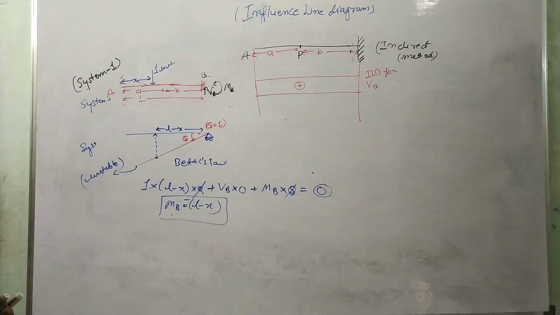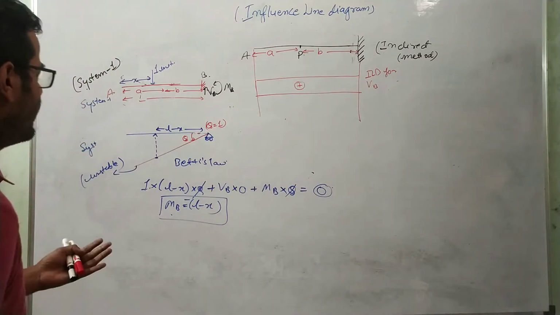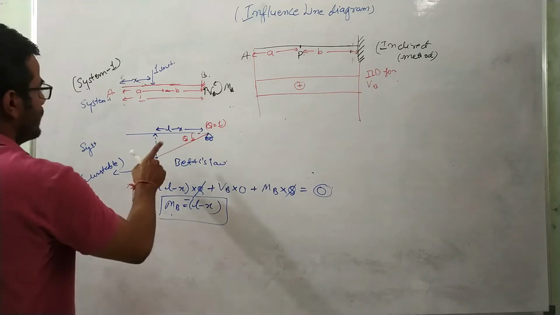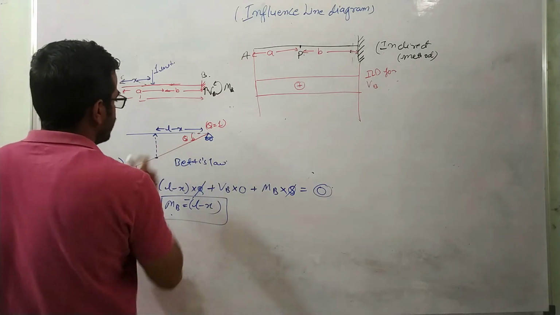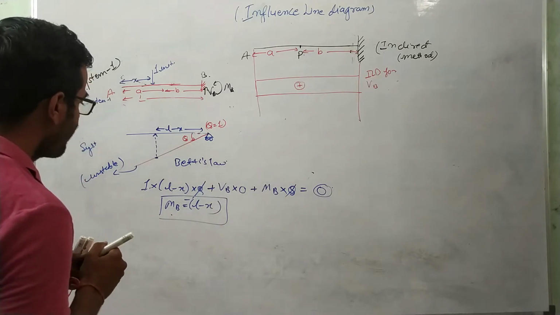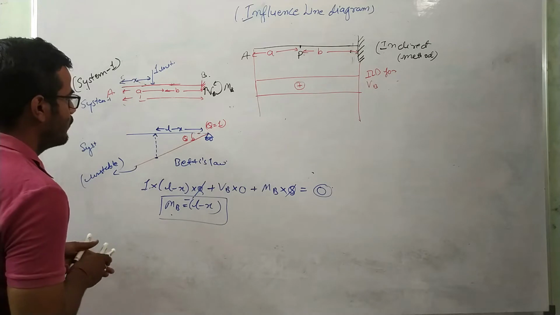Okay, so MB is equal to L minus x, right? You can see that this theta is unity.